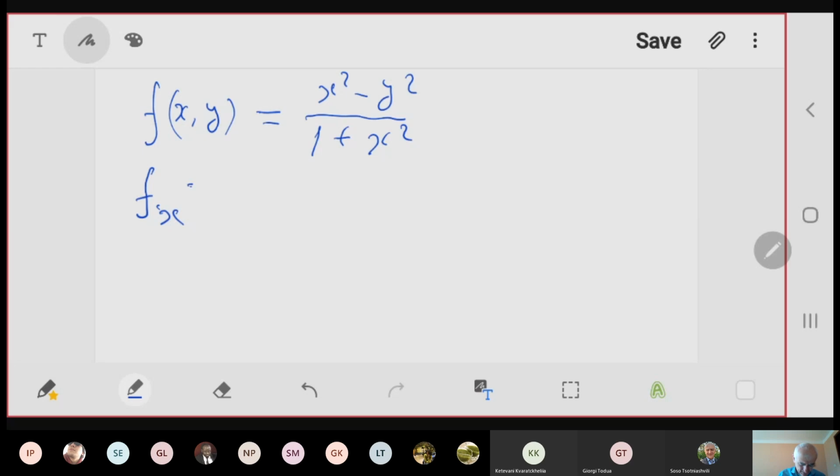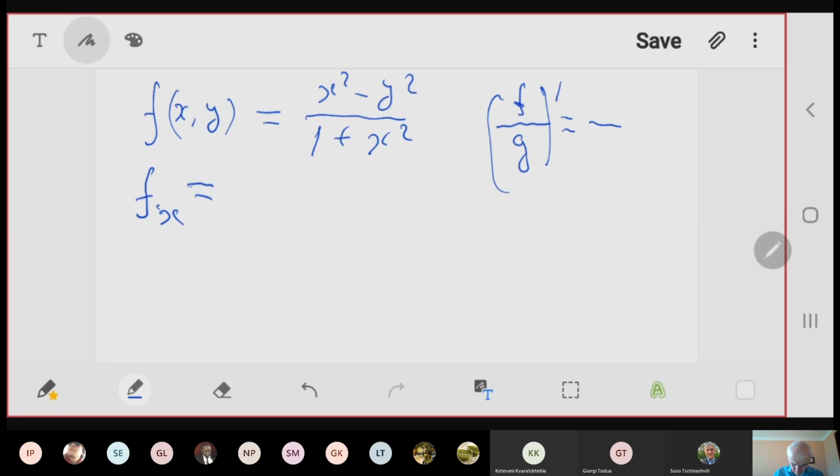Since we want to find the partial derivative for x, we assume that y is constant. But we have a variable in the numerator and in the denominator. That's why we need the quotient rule.